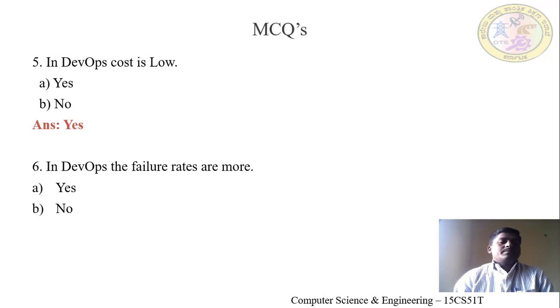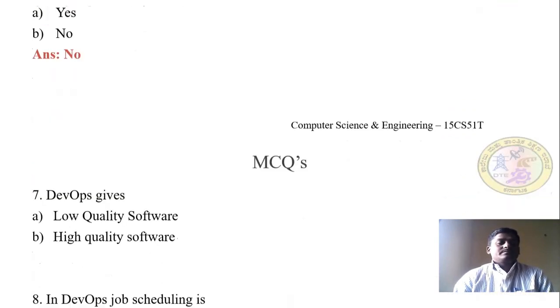In DevOps, the failure rates are more. Option A, yes. Option B, no. No, in DevOps there are no failures, or if you have some failures, automatically they will fix those errors.